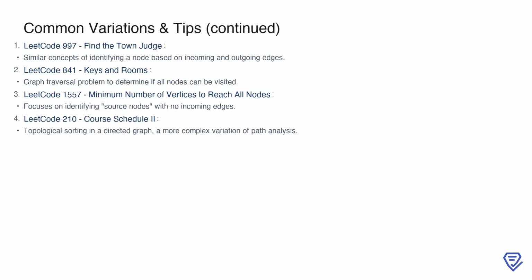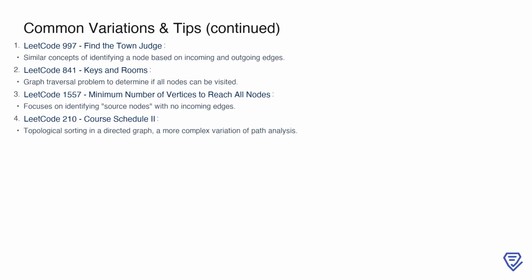The concepts in the destination city problem are closely related to a few other problems, which can help you deepen your understanding. For example, LeetCode 997, Find the Town Judge, also involves identifying a node based on incoming and outgoing edges. Another related problem is LeetCode 841, Keys in Rooms, which uses graph traversal to determine if all nodes can be visited.